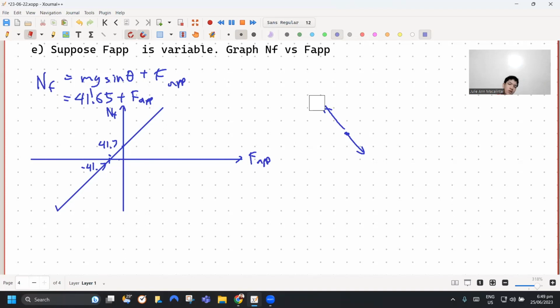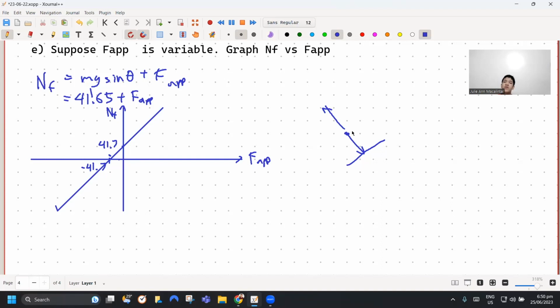Normal force, ito yung floor, ito yung object. Ito yung normal force na. So if the object is pushing on the floor, then normal force pulling out.